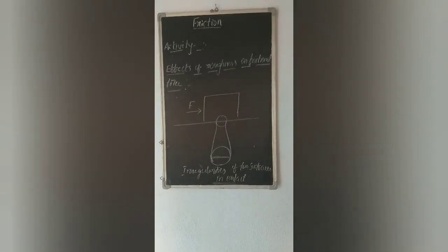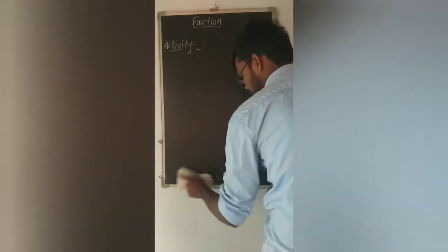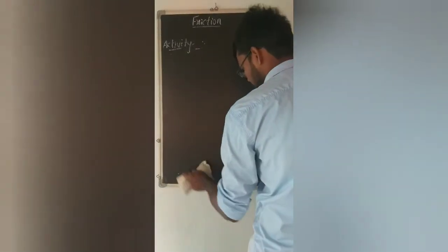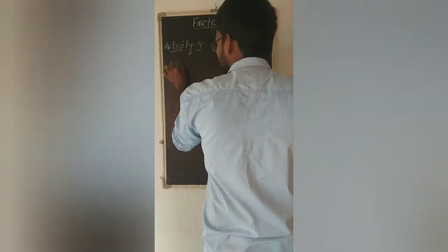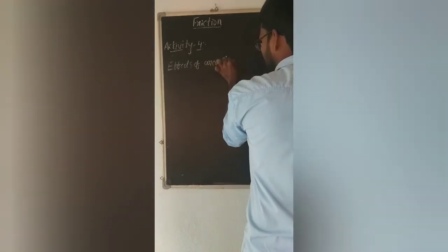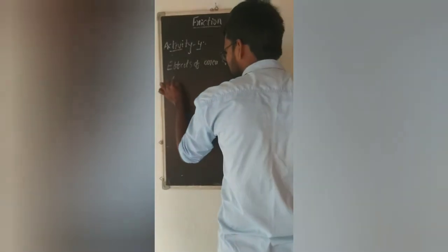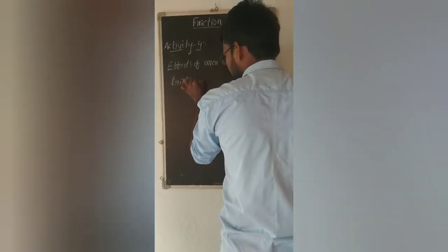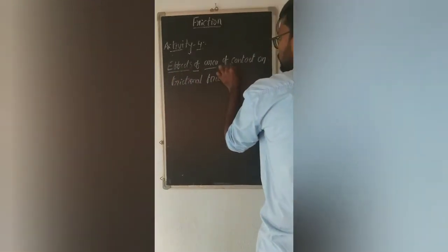Next one is activity number 4: effects of area of contact on frictional force.